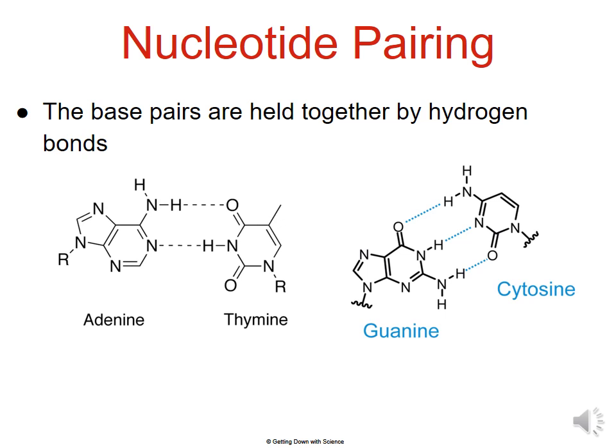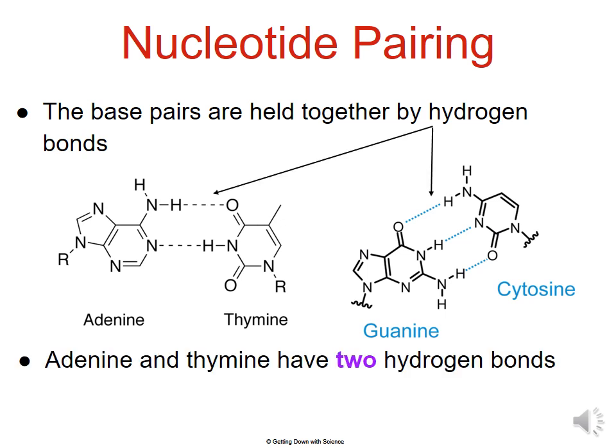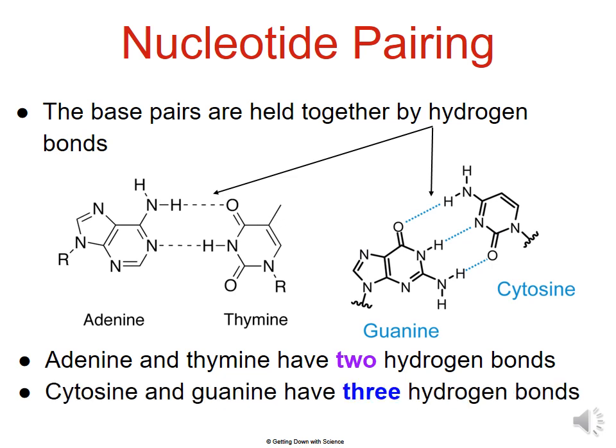But because it's a hydrogen bond, that means that we can also break them apart more easily, which is really critical when it comes to working with DNA. So adenine and thymine are going to have two hydrogen bonds based on where they're bonding, whereas cytosine and guanine have three hydrogen bonds.